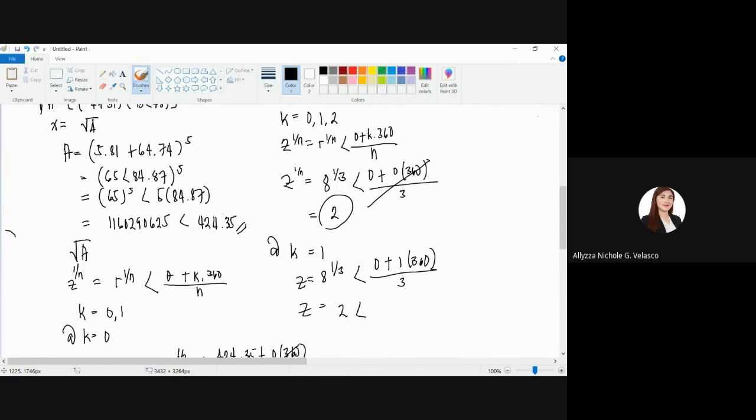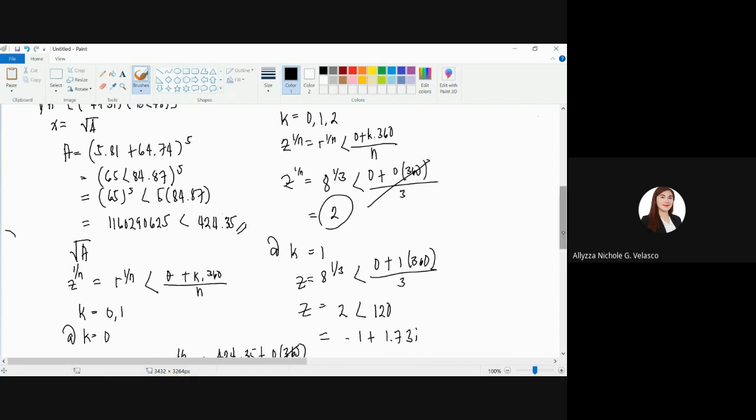So we have 360 divided by 3. So bar angle 120. Okay, so transform this to its equivalent rectangular form. So 2 bar angle 120 is equal to -1 plus 1.73i.